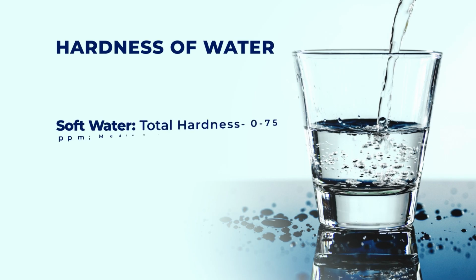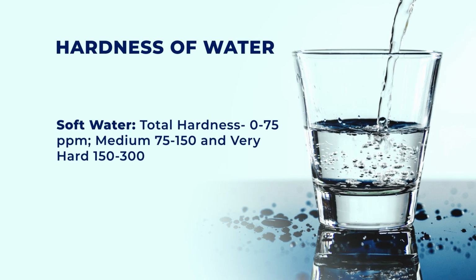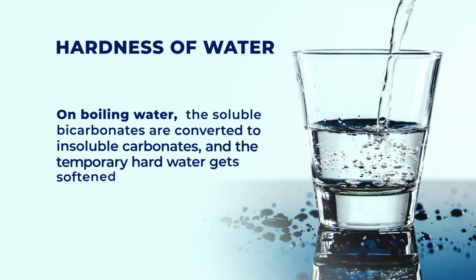Soft water, if it is less than 50, is very good. Normally up to 75 is the limit. Medium soft is 75 to 150, and very hard is 150 to 300. On boiling the water, the soluble carbonates are converted into insoluble carbonates, and the temporary hard water gets softened.